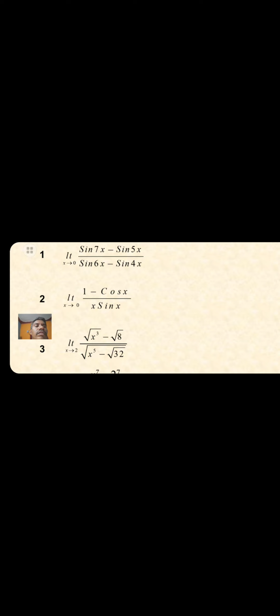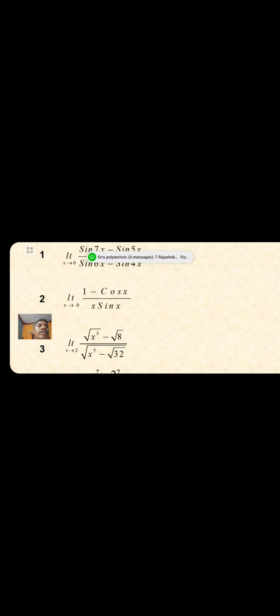If you observe, in the numerator we can write 8 as 2 power 3. In the denominator we can write 2 power 5. And if we remove the roots, x power 3 whole power 1 by 2 is x power 3 by 2.